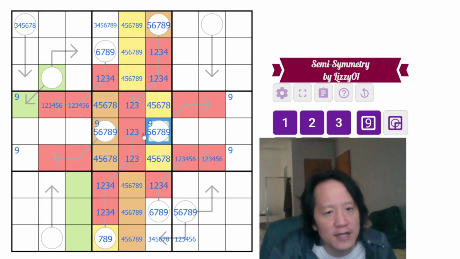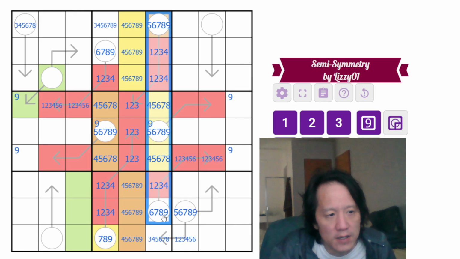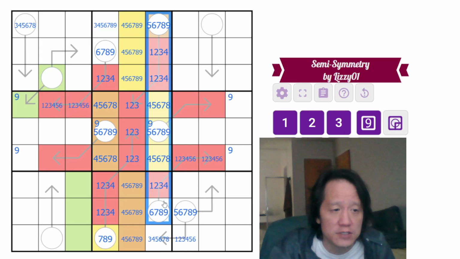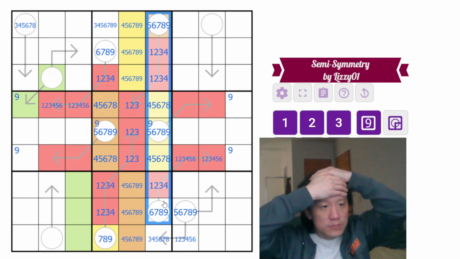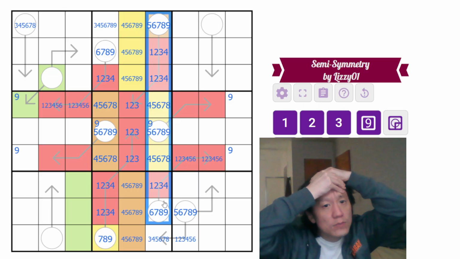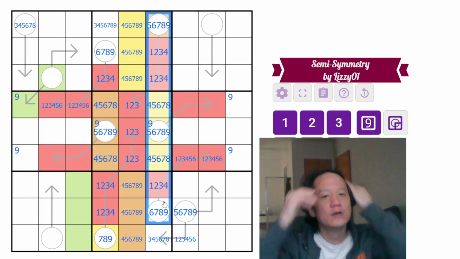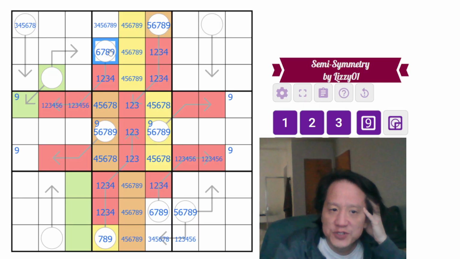Because you cannot have, say you did have, in one column it was 6, 7, 8, in the other column it's 7, 8, and 9. That doesn't work. Because the problem is that you now have to have the 7 and 8.